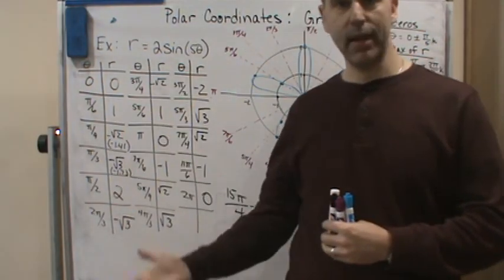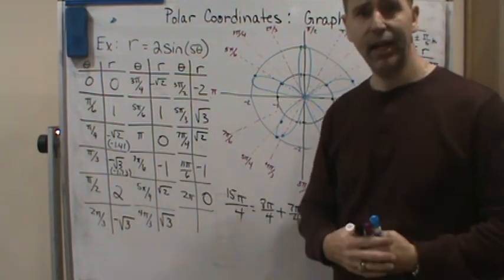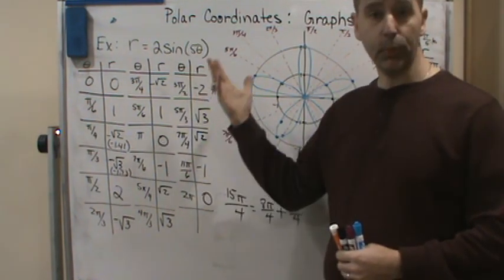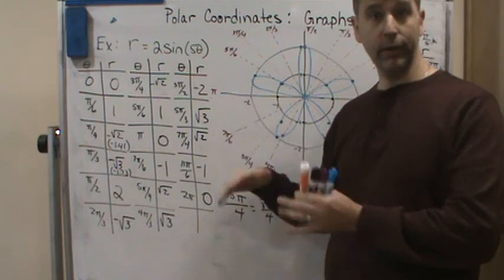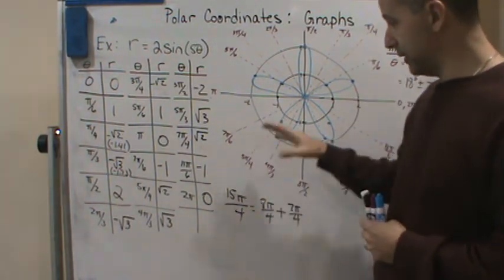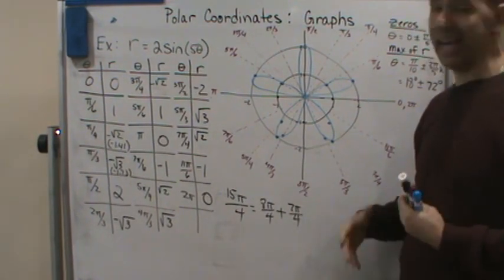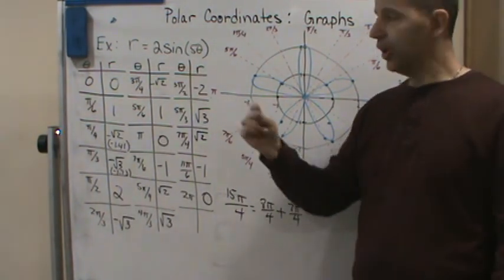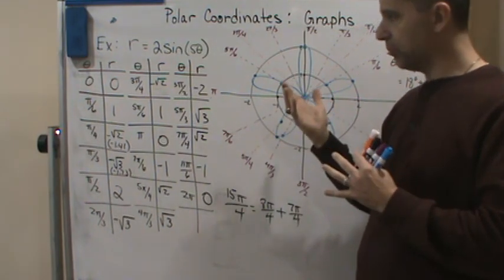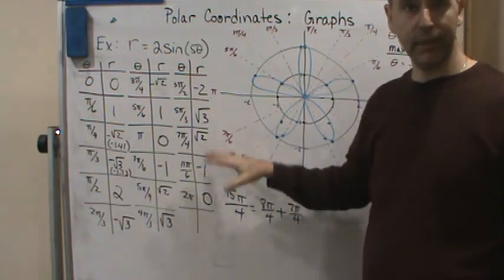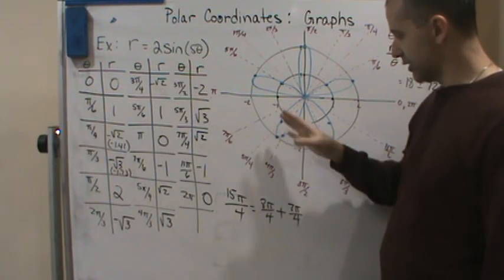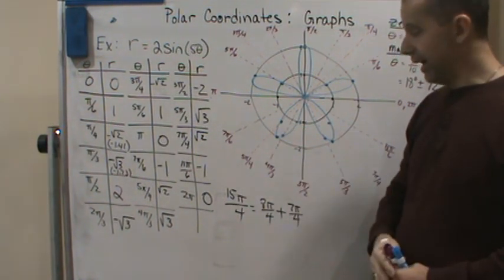I would go through this process, especially for practice on an exam situation, right? So this is where you do your practice on the board, at home, when you're doing your homework, okay? Do whatever needs to be done so you understand what's going on, because then in the exam, you don't have to do all of this stuff. You'll have an idea and you can do part of this stuff, just enough to get the idea of what's going on, and then you can sketch the graph knowing how this thing behaves.